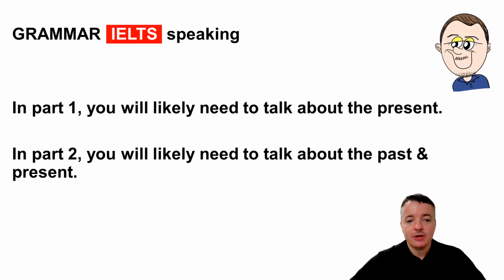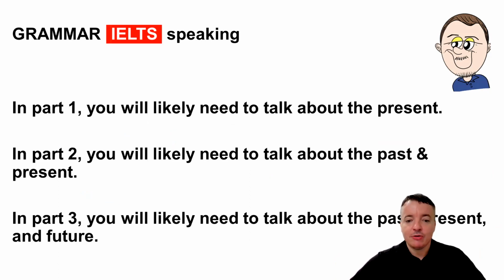Part 2, you'll likely need to talk about the past and present, or the past or present. So describe a memorable holiday, talk about a book you read recently, something like that. In part 3, you'll likely need to talk about past, present, and future. So there's a range of questions in part 3.